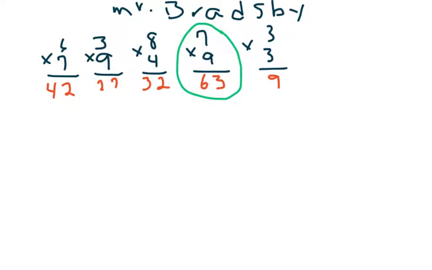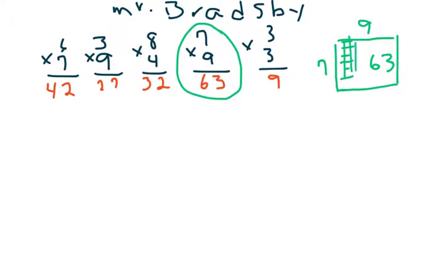The way we used to do that when we were learning about multiplication was we would build a grid, or we would call it an area rectangle, where we had 7 times 9, and we could get 63, just like this problem. The way we used to do it, remember, we would draw 7 lines here, and then we would draw 9 lines here. We'd count these squares, and we'd come up with 63.